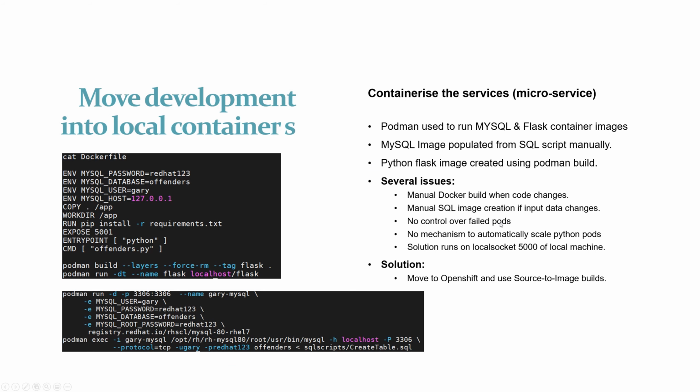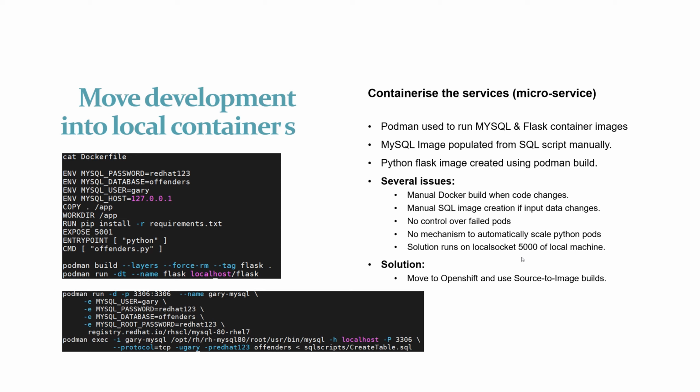So what does that give me? Well, I've containerized everything into microservices, but we've got several issues, as you can see here. Manual Docker build required when my code changes. Manual SQL image creation if I need to input or change the data. There's no control over the pods, and I had to do that inspection effectively to get the IP address of that pod.